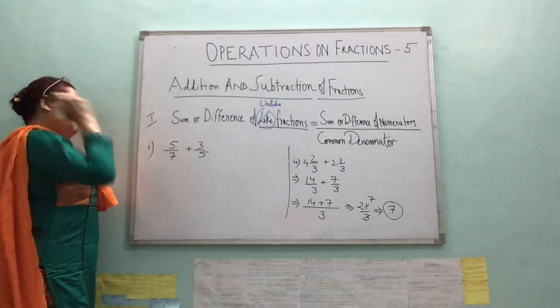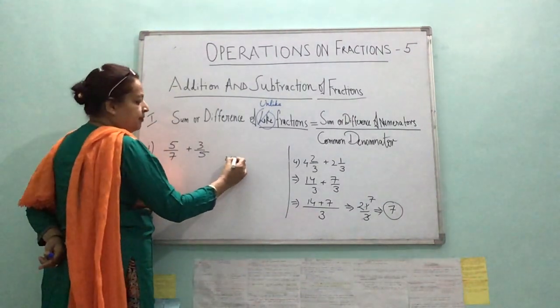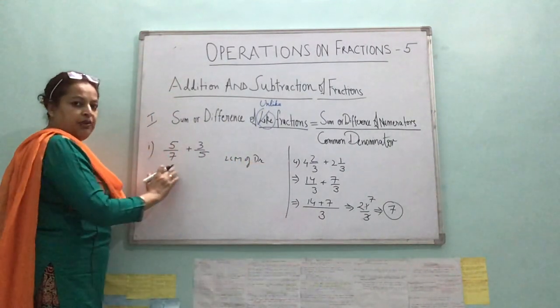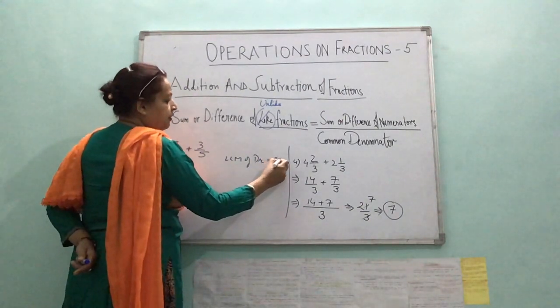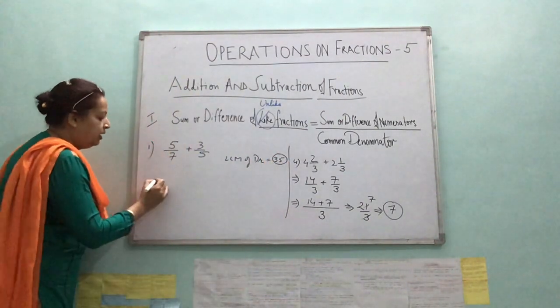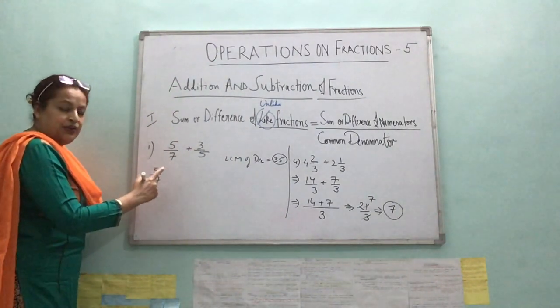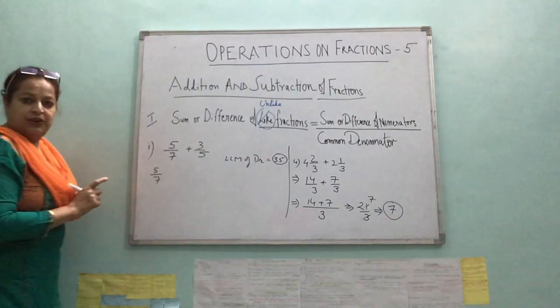So for this, what we have to do is find the LCM of the denominators. Since they do not have any common factor, it would be 7 into 5, 35 only. So first I'll convert 5 by 7 into its equivalent fraction with 35 as denominator.